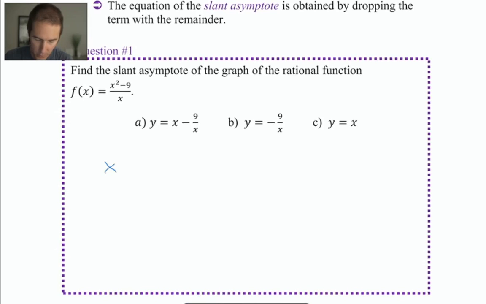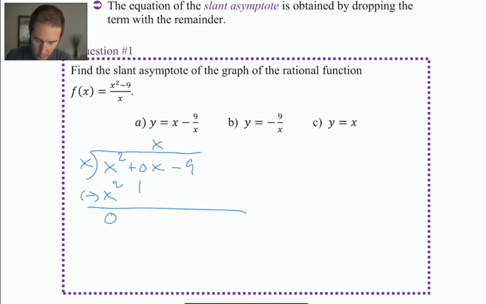We're going to take x squared plus 0x minus 9, and we're going to divide by x. X times what equals x squared? The answer is x. And then we do x times x, and we get x squared. We do the subtraction, get 0, bring down the 0.